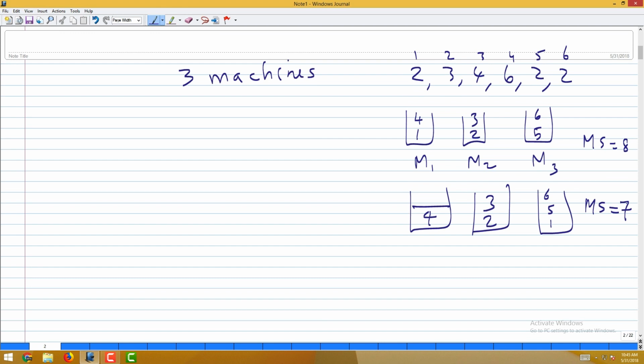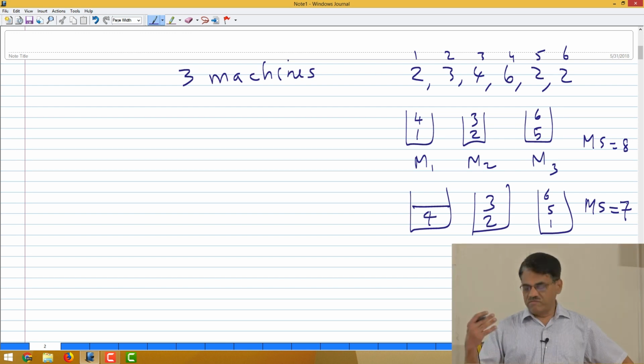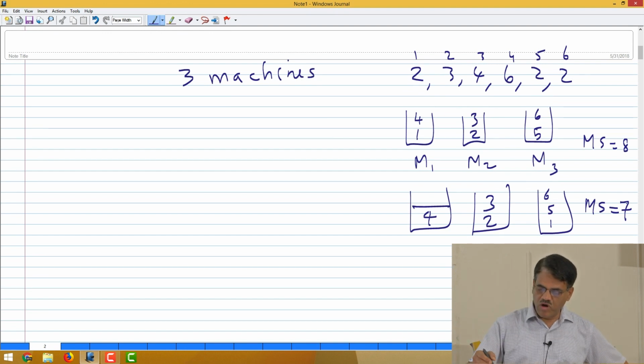You have 6 jobs and 3 machines, you want to assign them such that no machine is heavily loaded, and you want to minimize the make span. If you want to think of a brute force algorithm, there are lots of possible assignments. How many assignments? Because each of the n jobs can go to any of the m machines.